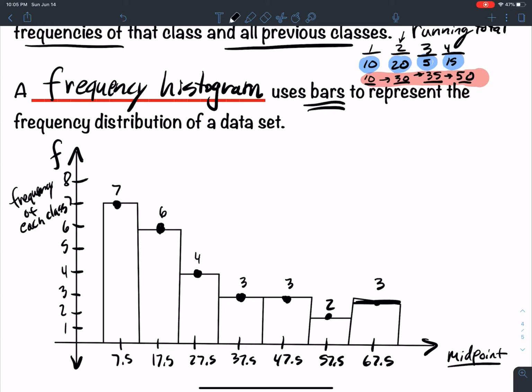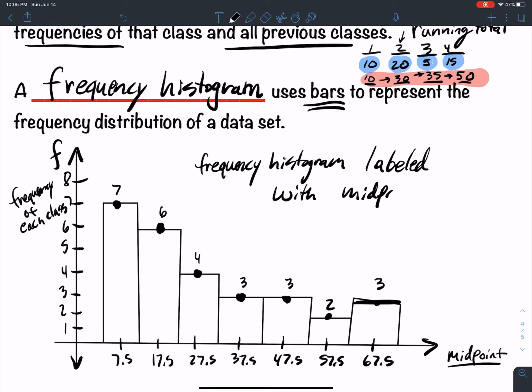All right, so this, my friends, is a frequency histogram labeled with midpoints. Those midpoints represent the middle of the class.